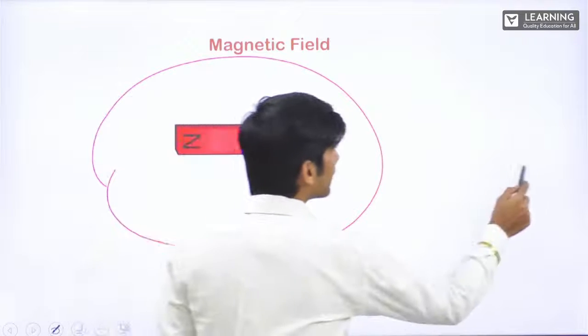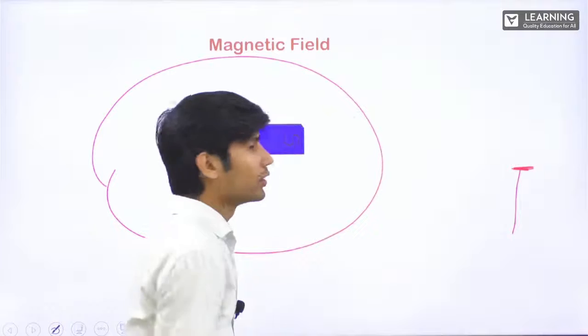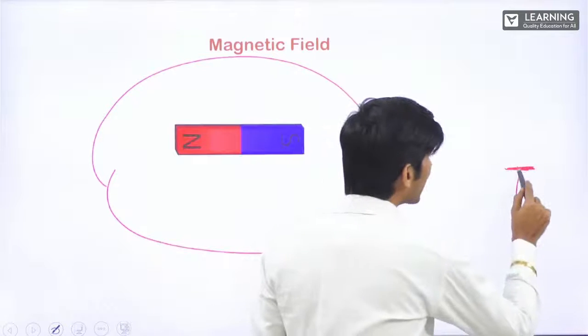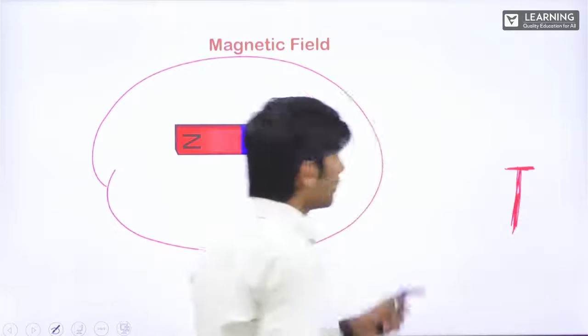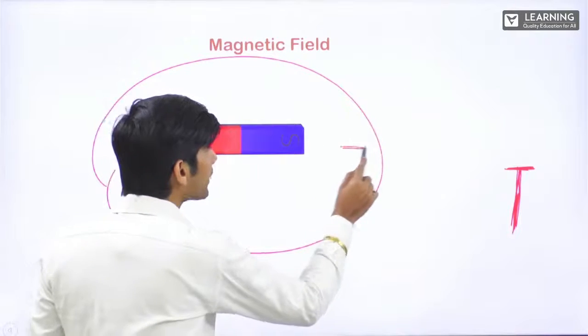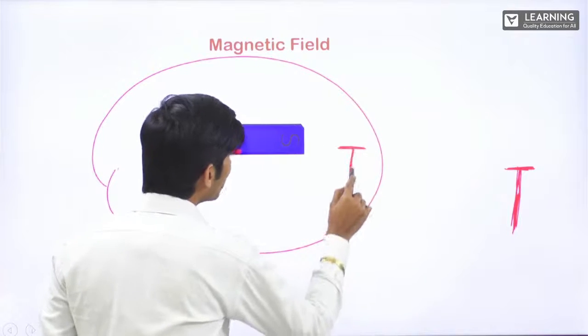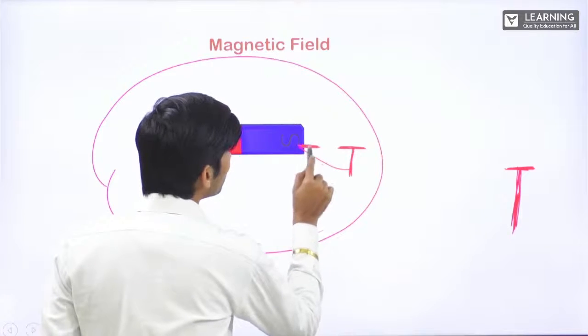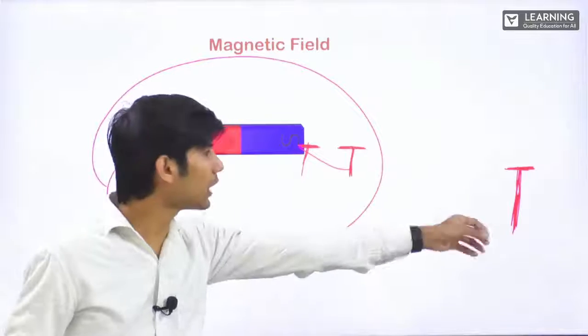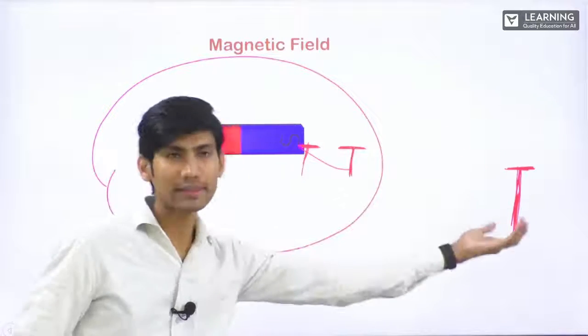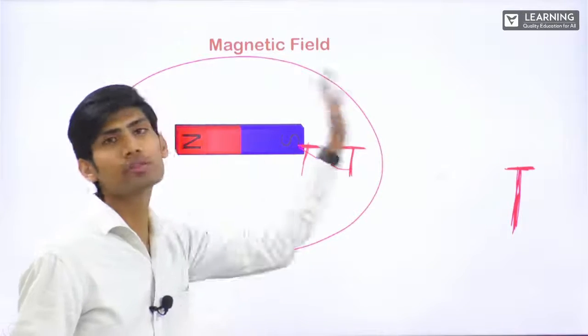See, if I keep an iron nail here very far from it, do you think this iron nail will get attracted to it? No, right? But if I bring the same iron nail near to it, it will immediately get attracted to it. Right? So why did this happen? Because now I had brought this iron nail into the influence of this magnet.